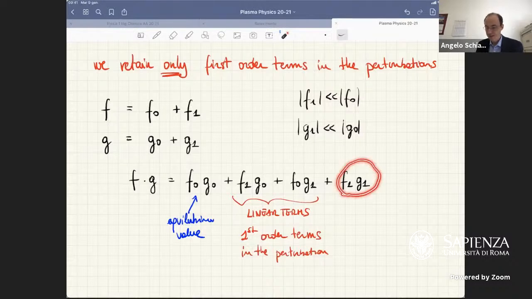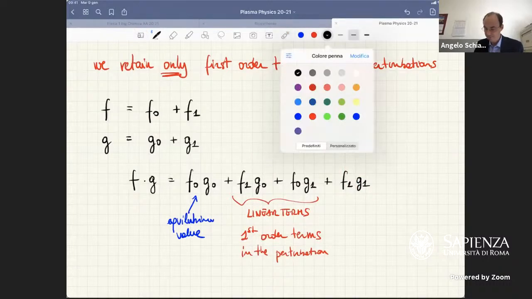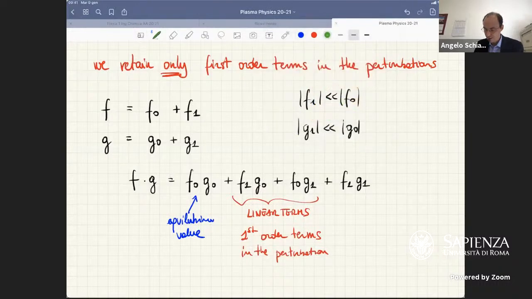So if F1 and G1 are much smaller than F0 and G0, this term can be neglected. Second order terms are not retained, they are neglected.